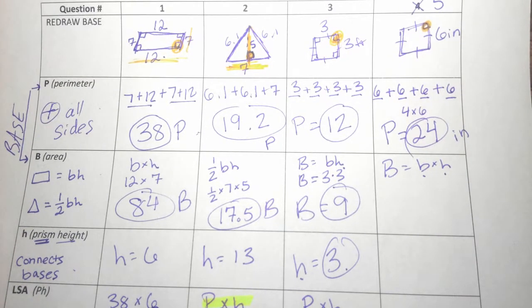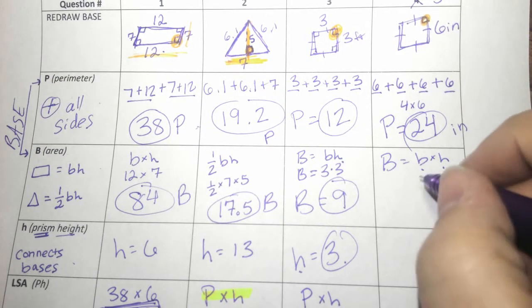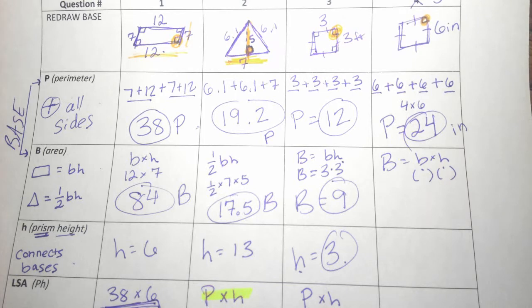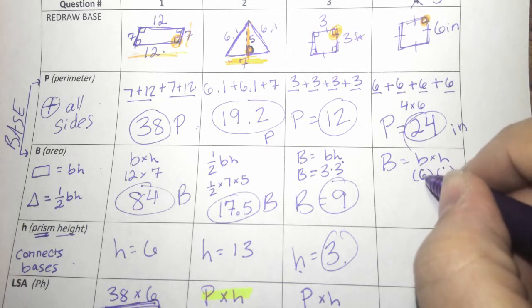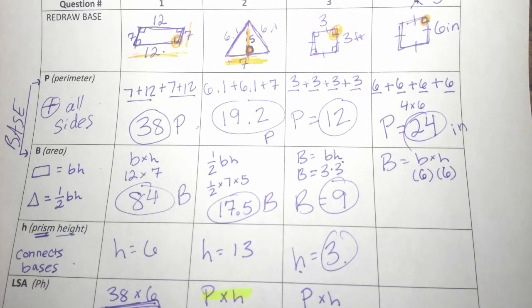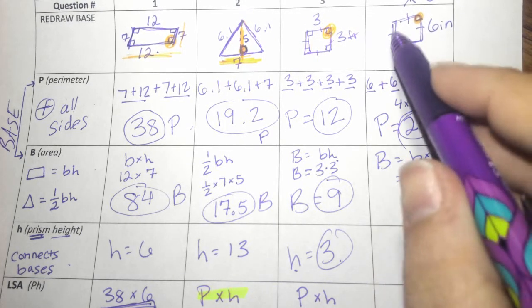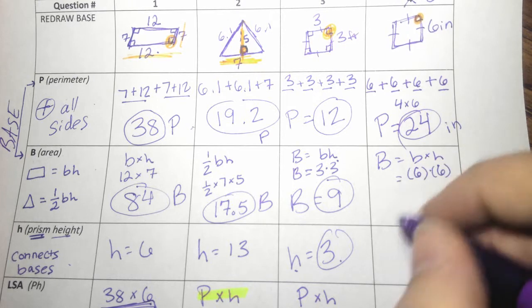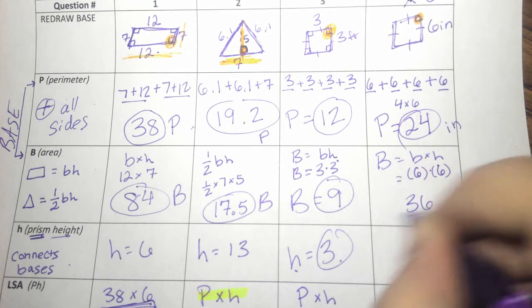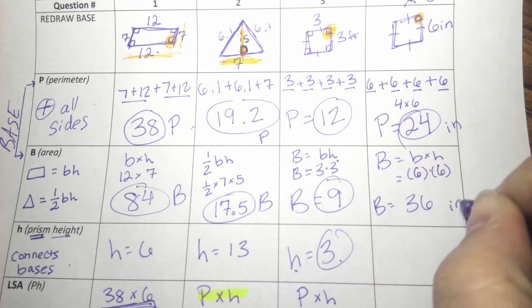Pause the video and see if you can come up with what numbers you can replace B and H with. Okay, so you can replace B and H both with 6 actually, and the product of 6 and 6, or 6 squared, makes a square, is 36. So we know capital B is 36 inches squared.